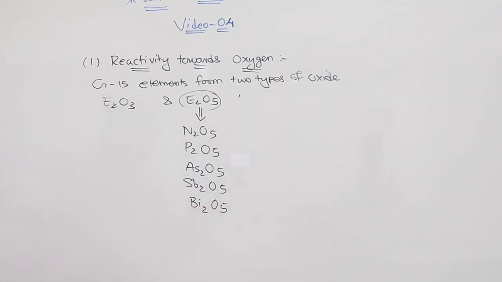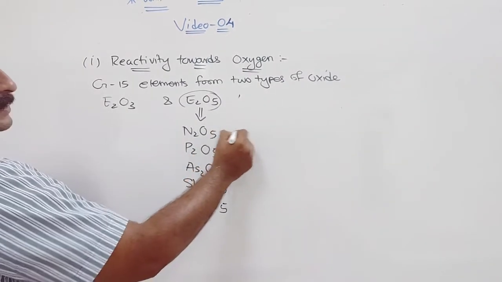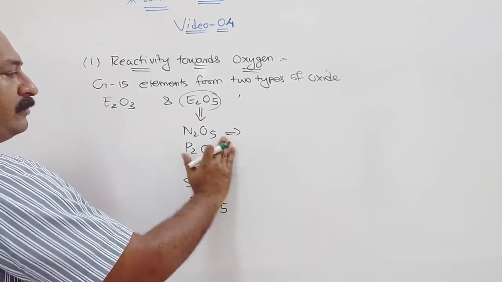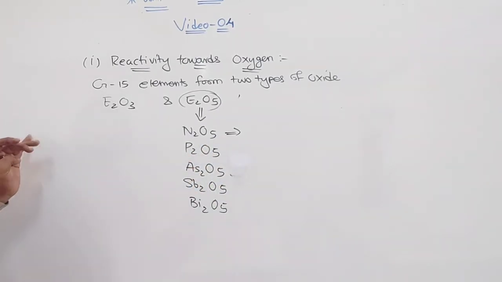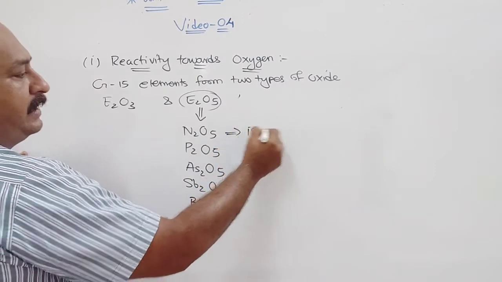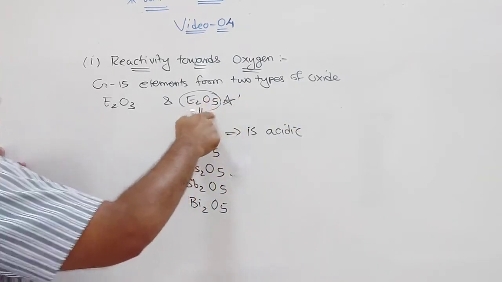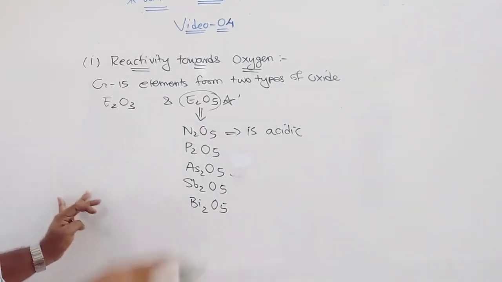Understood? The characteristic or behavior of N2O5: N2O5 is acidic in nature.